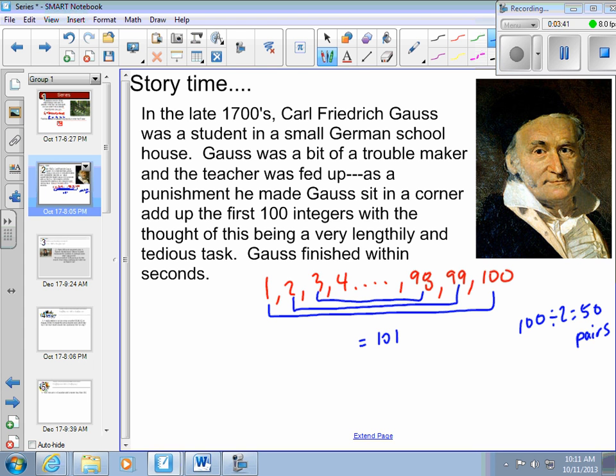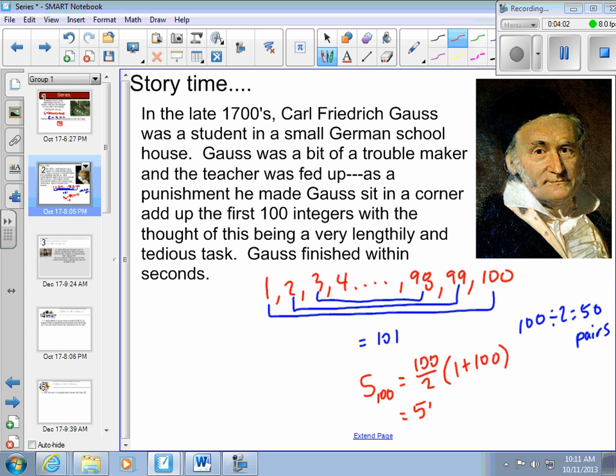So if I've got 50 pairs of numbers that all add up to 101, he said you could find the sum of these first 100 terms by doing 100 divided by 2, times the sum of the first and last number.